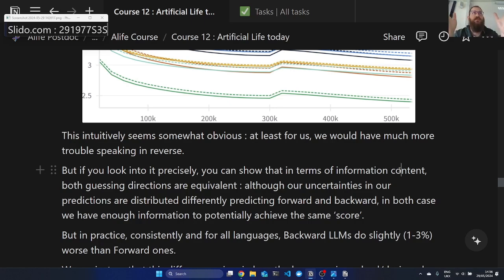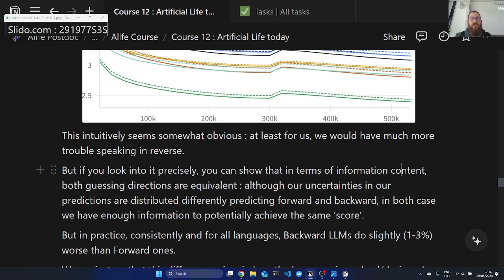In principle, you have enough information to obtain the same loss or score going forward or backwards. It's not that if you predict the joke backwards, you don't have enough information to predict the setup from the punchline. The uncertainties in the prediction of the words get mixed up around, but if you sum all the uncertainties, they cancel out and give the same uncertainty forward and backward.